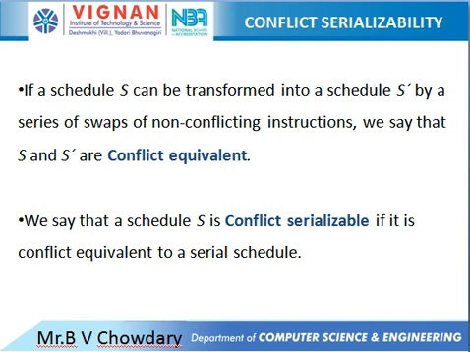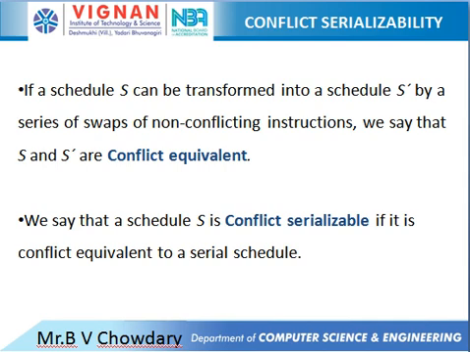Out of the 4, one does not conflict and the remaining 3 conflict. Based on this series of swaps of non-conflicting instructions, we say that S and S dash are conflict equivalent. Now a schedule S is conflict serializable if it is conflict equivalent to a serial schedule.